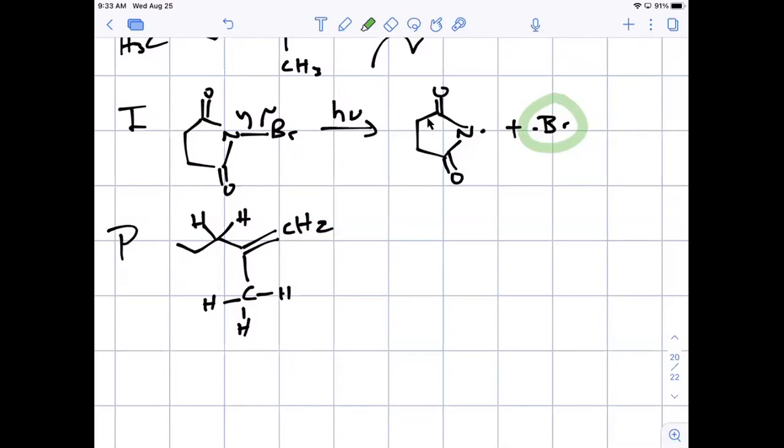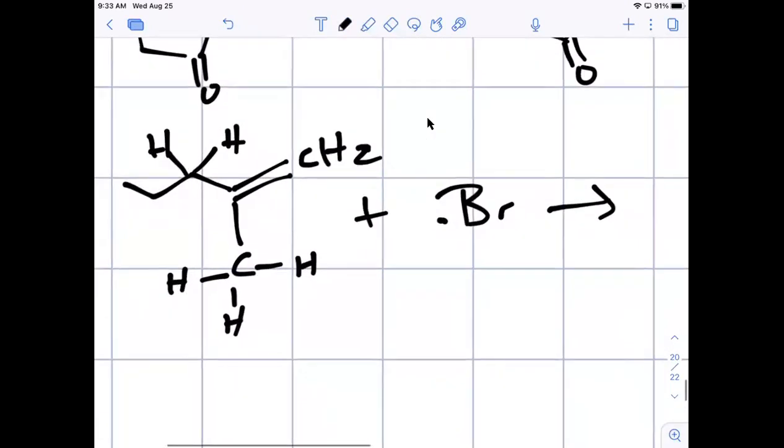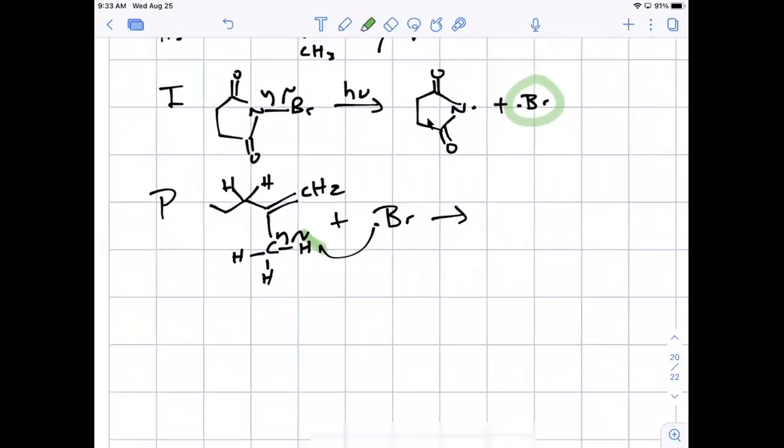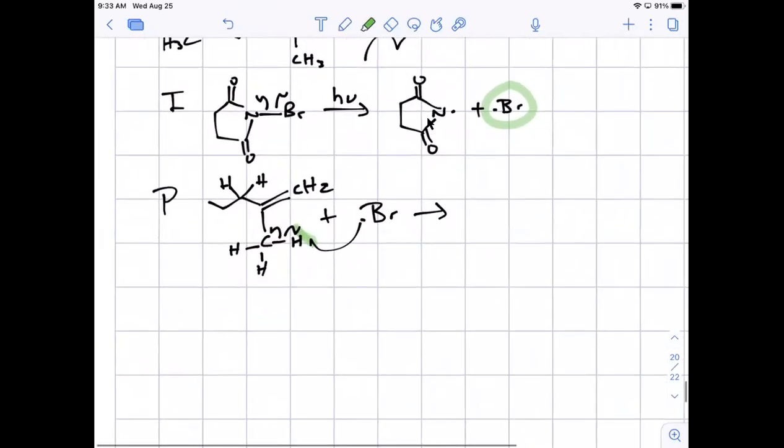All right, so that's that plus a bromine radical. Let me erase that and fix that up. Let's take this one. That's going to cause, again, homolysis, homolytically cleave that. And then now these two right here are going to end up together on the other side. That's what that arrow means, when those two arrows are coming together like that.